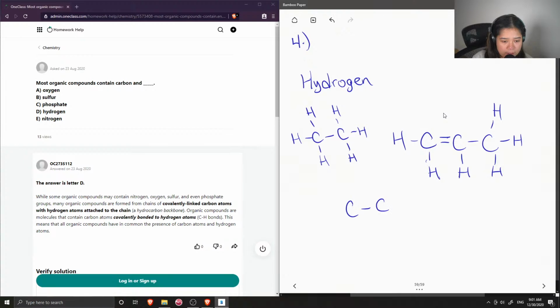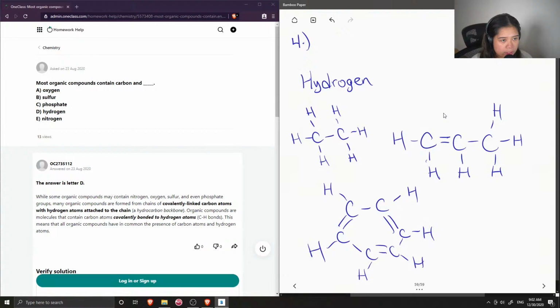Even like with benzene rings, which has a double bond in between every other carbon, all of them contain a single bond to hydrogen. Okay, so these are just some examples of some organic compounds.